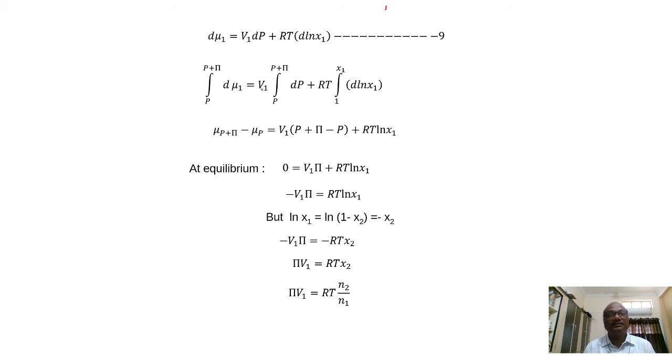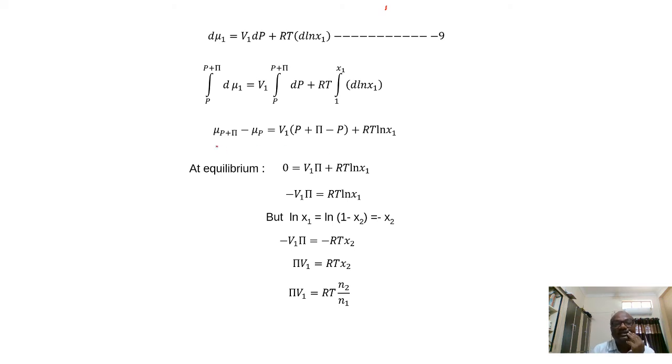The limits give μ of (P plus π) minus μ of P, higher minus lower, equal to V1 into the integral of dP, which is P plus π minus P, plus RT, integral of d ln x1, which is nothing but ln x1, so RT ln x1. On applying the limits, ln 1 becomes 0, that's why the integral from 1 to x1 of d ln x1 is only RT ln x1.